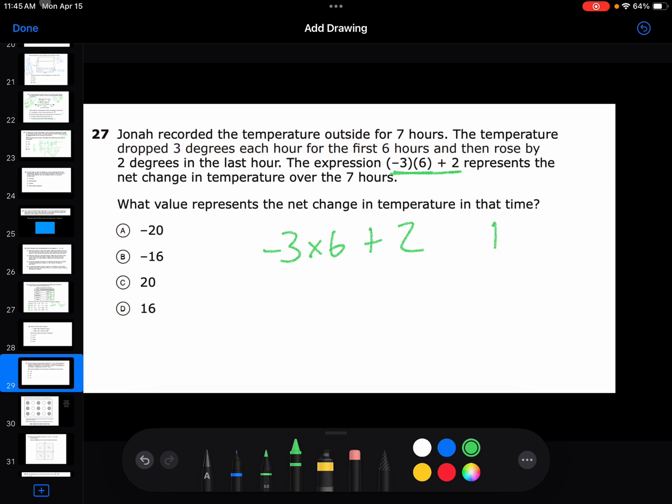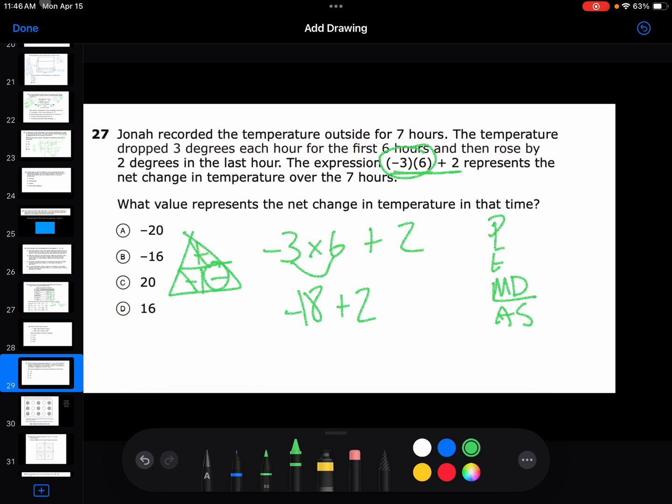So if I'm using PEMDAS, I know that I have to do my parentheses first, or really those parentheses don't mean the math inside of them. It's showing multiplication. Multiplication comes before addition, so I'm going to do -3 times 6. If I have my little integer triangle, I can see that a negative number and a positive number should give me a negative number. So I have -18 plus 2.